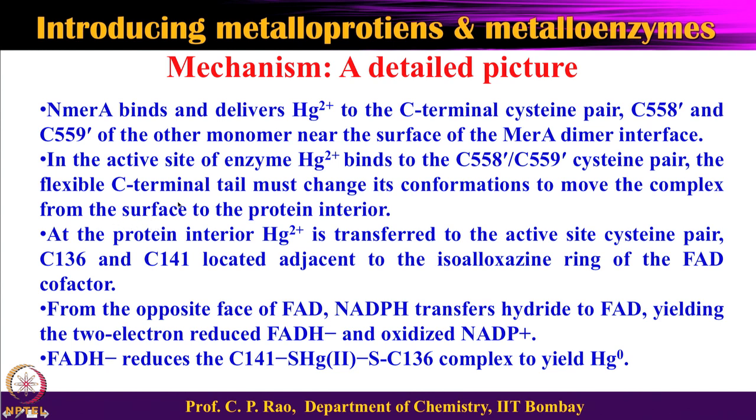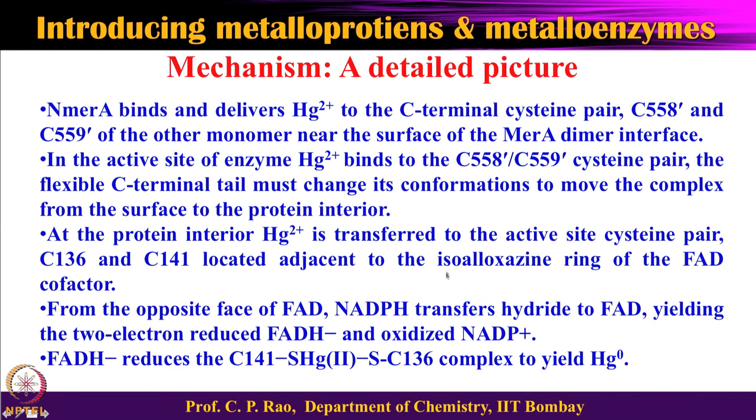And this again brings a conformational change, and now this particular mercury complex will slowly move from the surface towards the interior, and in fact towards C136 to 141. This is located at the isoalloxazine ring of the FAD. As I told you, why does it have to move? Because it has to be close to the FAD.